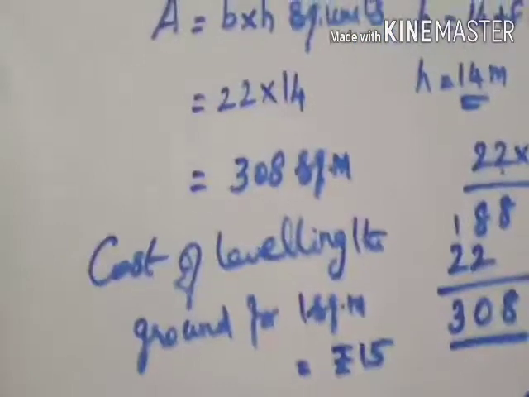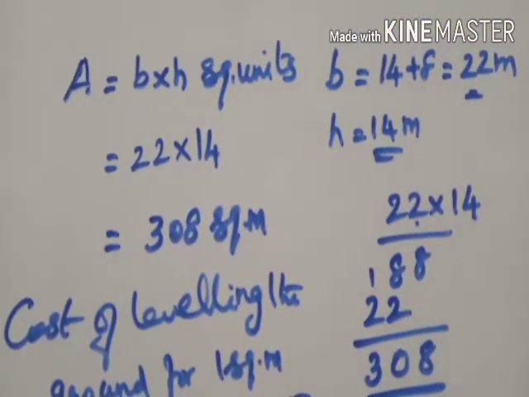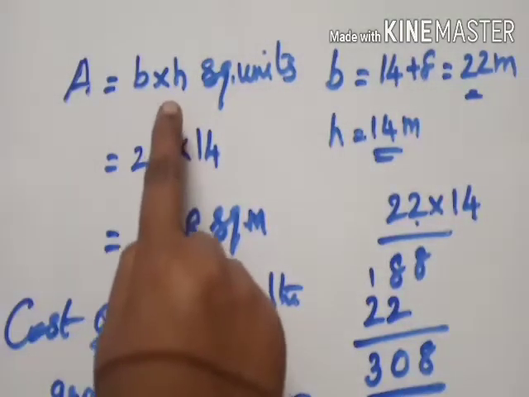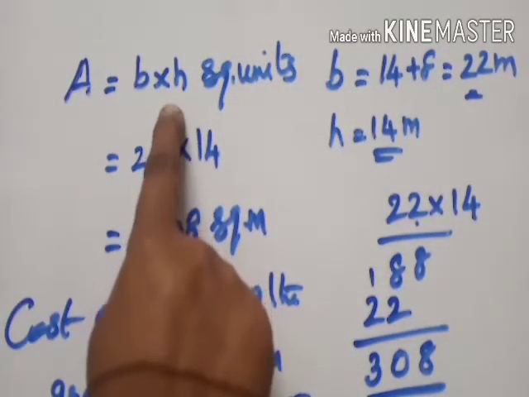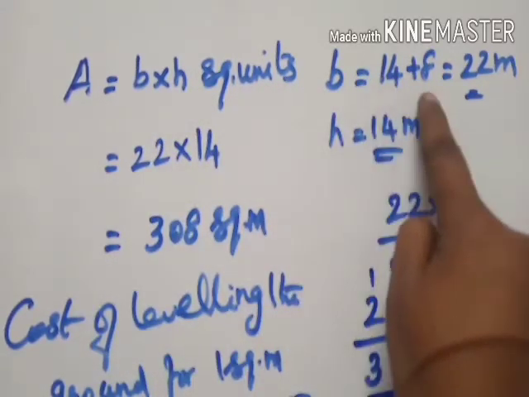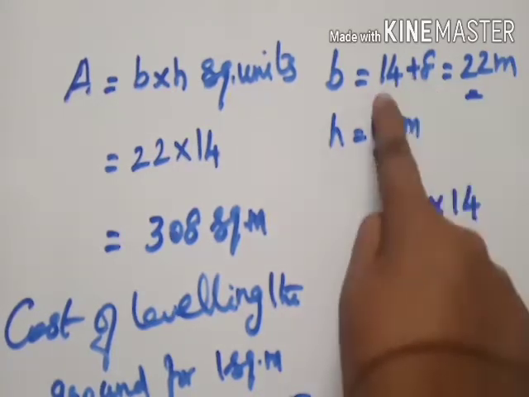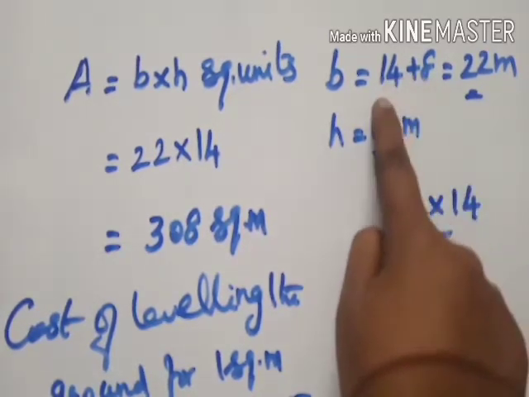One more time I will explain to you. First we have to find the area. Formula: area is equal to base into height square units. Base is equal to 8 meter longer than its height.